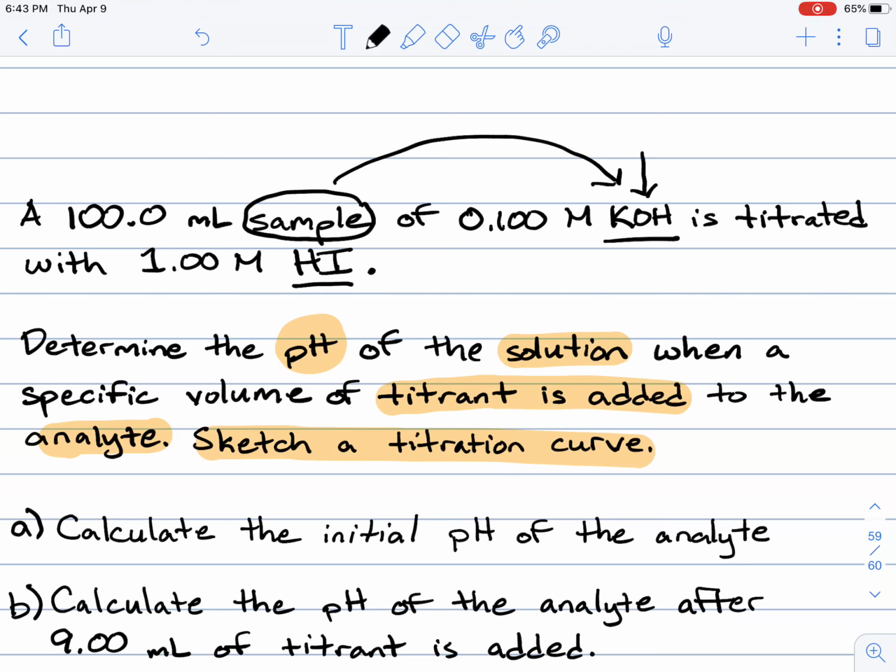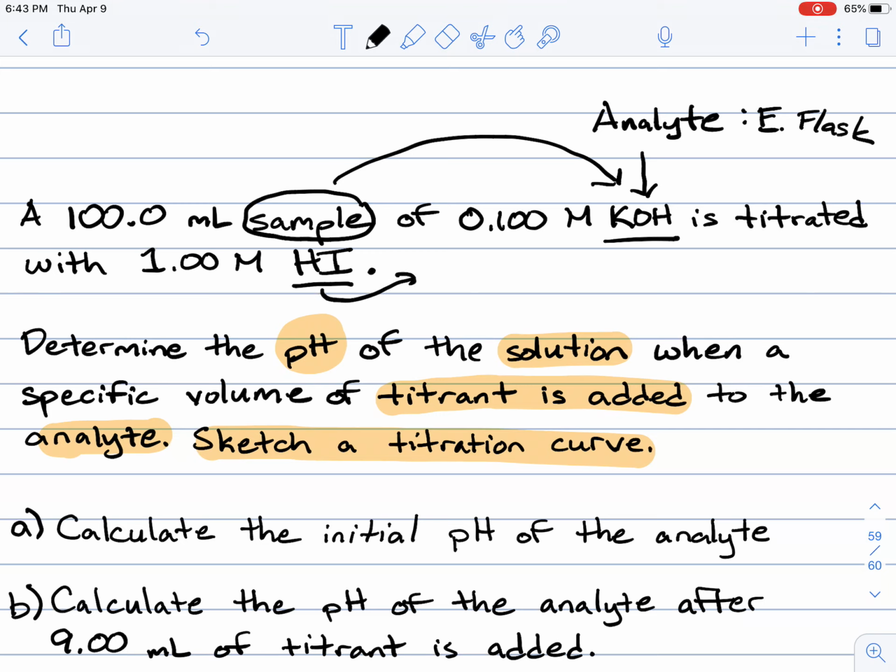That's what we are analyzing. And so therefore, potassium hydroxide will be our analyte. We're analyzing the sample, and the sample happens to be potassium hydroxide. And so this analyte is going to go into the Erlenmeyer flask.